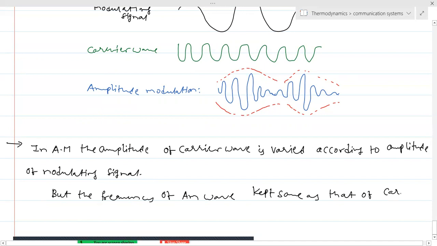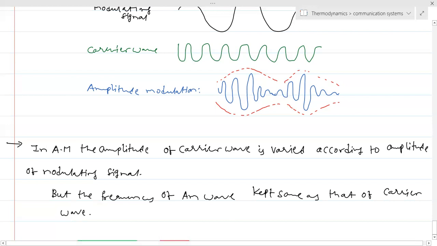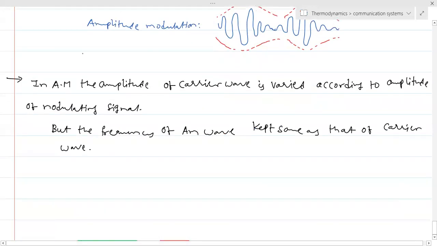This is a very important point. So that means the output frequency is same as that of carrier wave frequency. Only the amplitude changes. So this is very important.